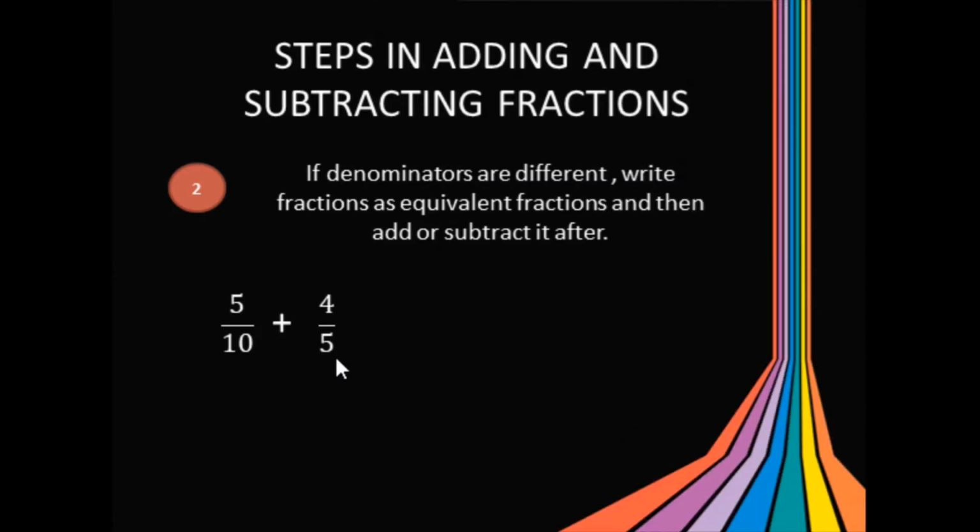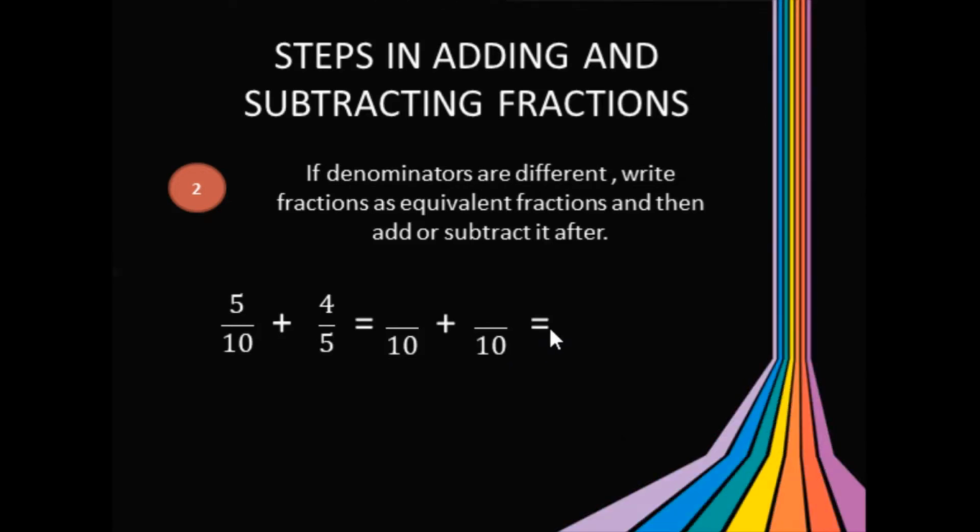So we need to make them the same by looking for their common multiple. We found out that the common denominator is 10 for both of them. So we have 10 plus 10. Next, we apply the divide and multiply rule. 10 divided by 10 is 1 times 5, we get 5/10, right?